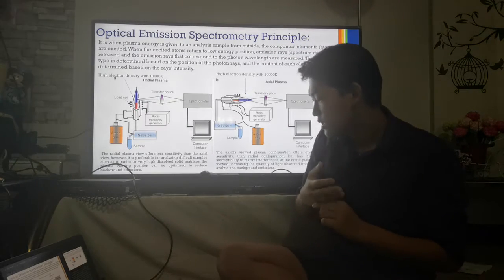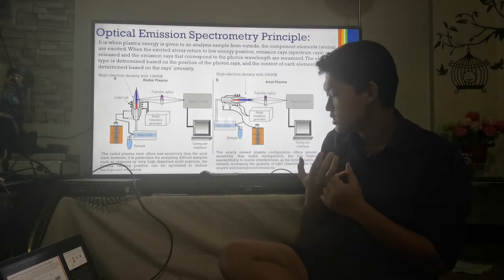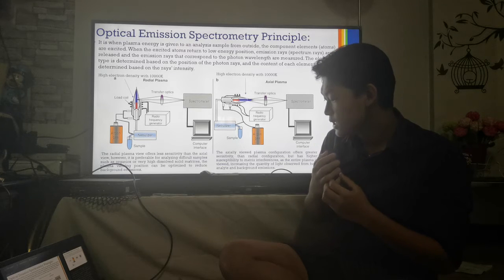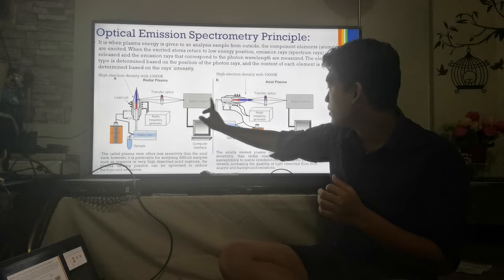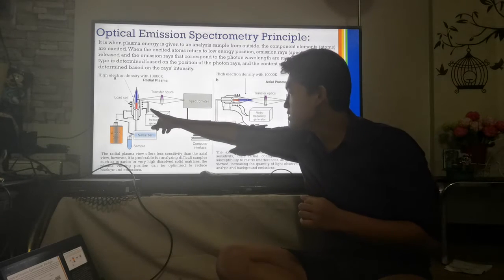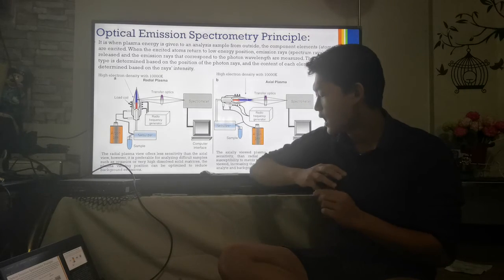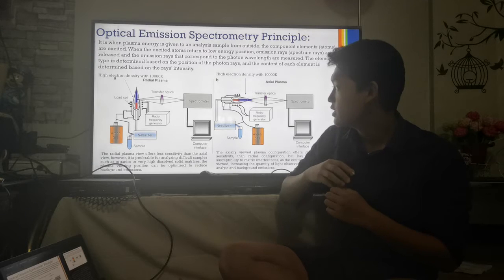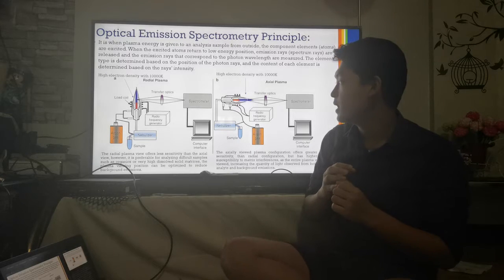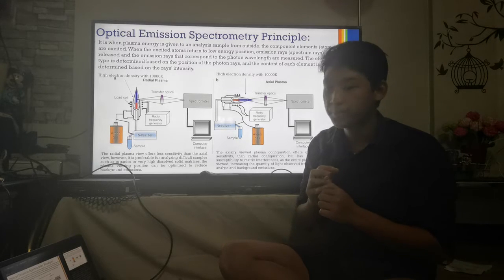From there, using the electromagnetic field created in the torch tube by the high frequency current, argon gas is ionized. Thus, the plasma is formed.